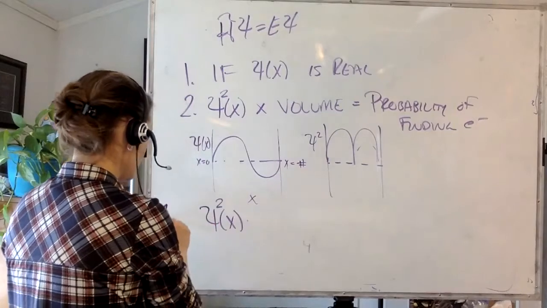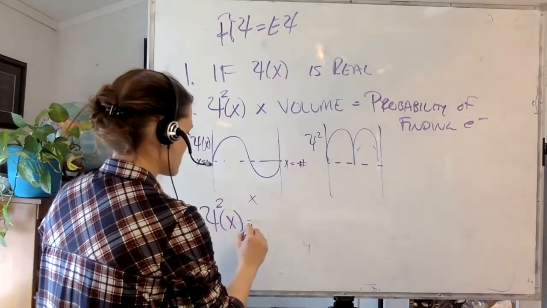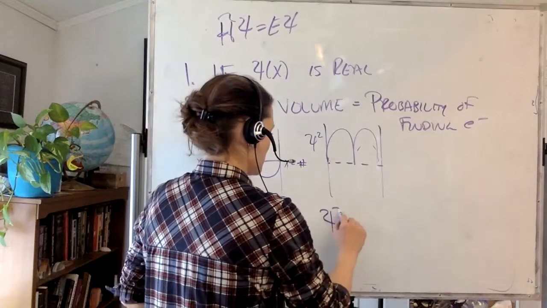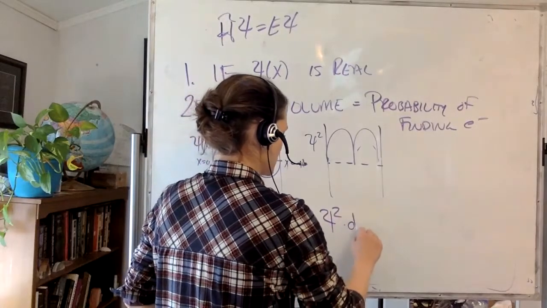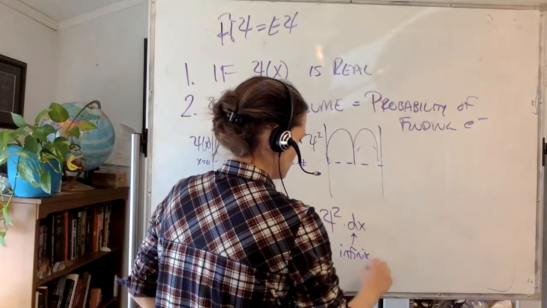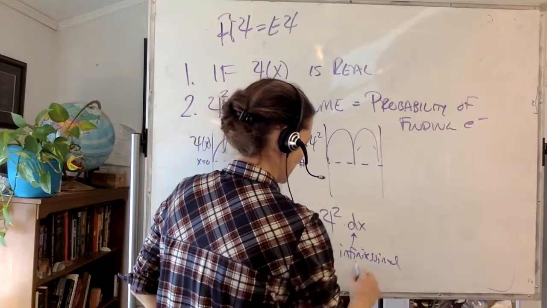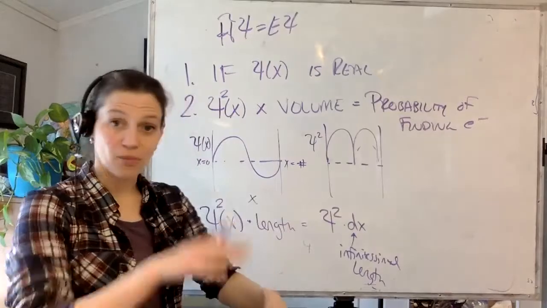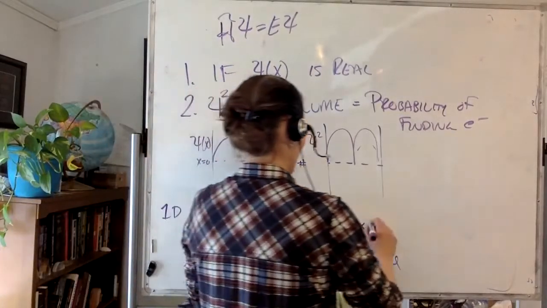So we've got psi squared times some dx, an infinitesimal length, but I want a bunch of them, so I'm going to integrate.